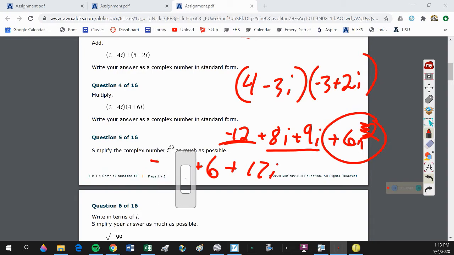Oh, yeah, because it got added to negative 12. It is, nope, it is negative. Negative 12 plus 6 is negative 6. Okay.